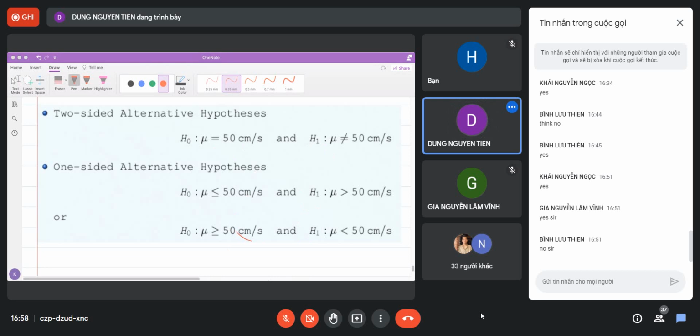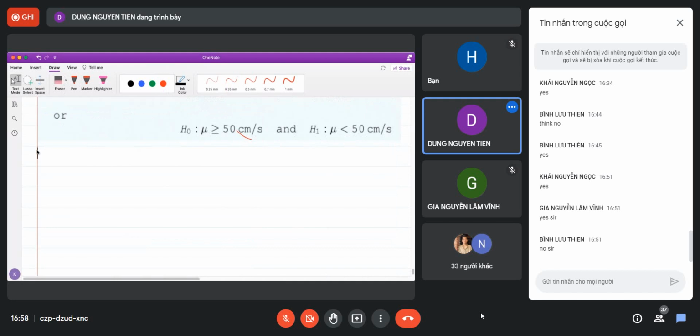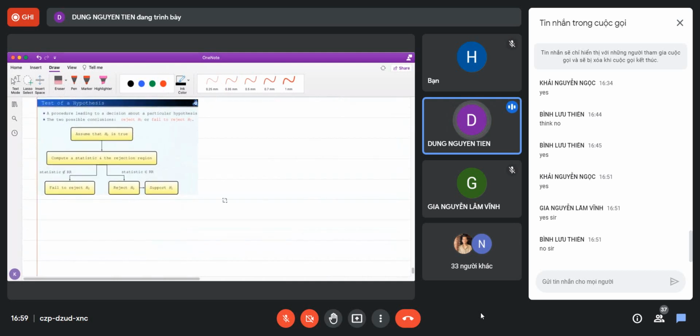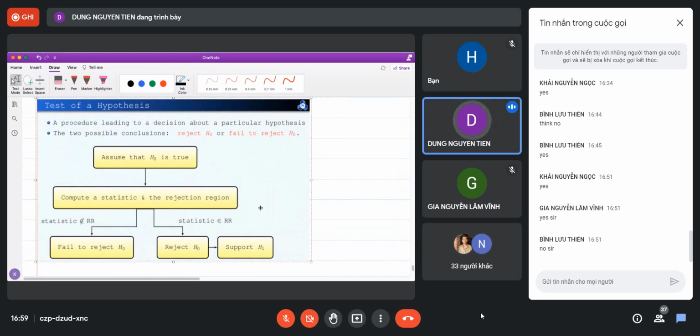Now I want to talk about this one. What is a test of hypothesis? A test of hypothesis is a procedure that leads to a decision about a particular hypothesis, and there are two possible conclusions.